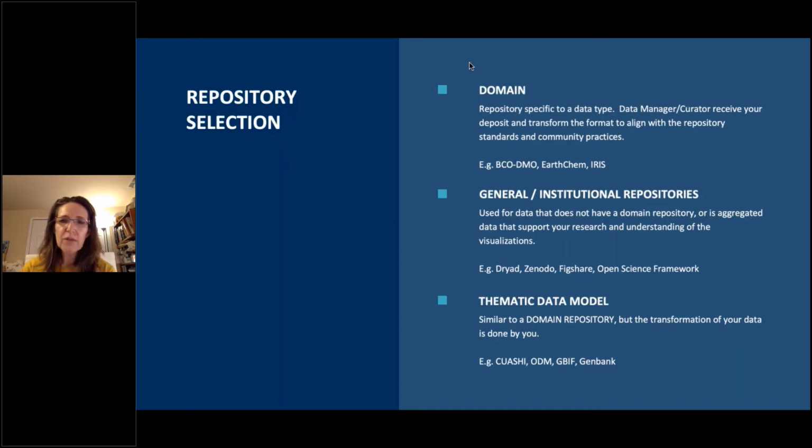For that one, we grouped them into 3 different types of repositories. One is specifically a domain repository, where you usually have a data manager or curator that helps you with the deposit and might do some level of transformation of your data to make it align to standards used by the community. This is incredibly valuable for future reuse of your data.